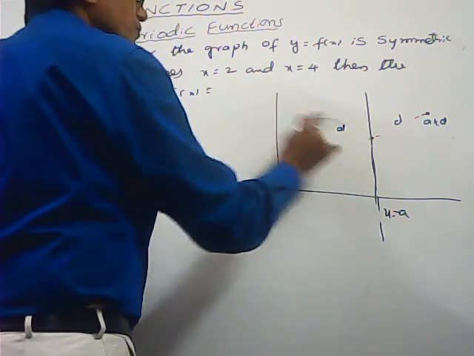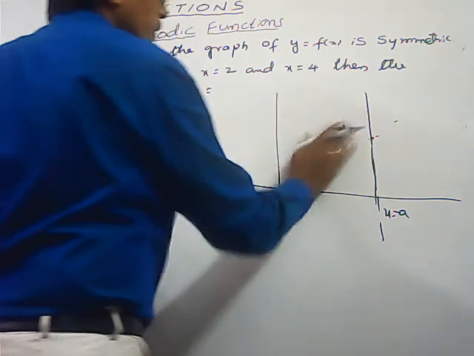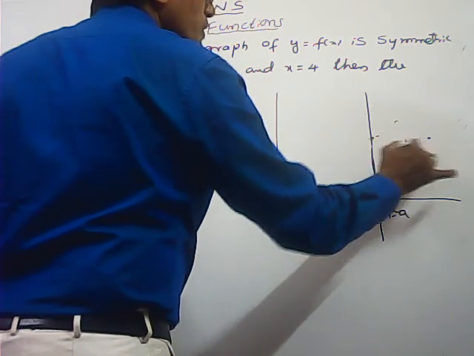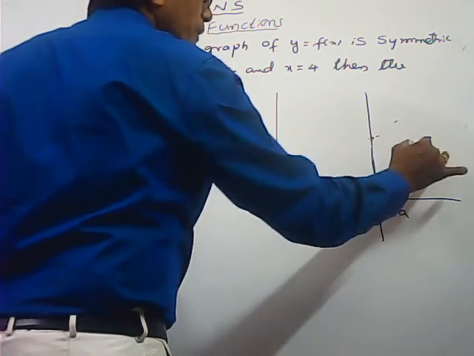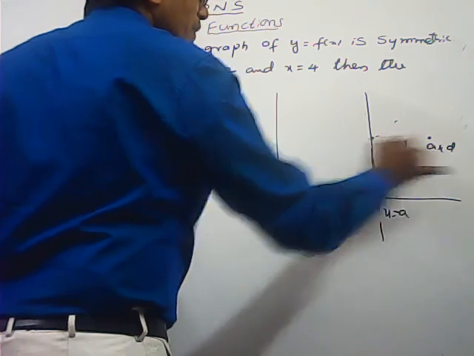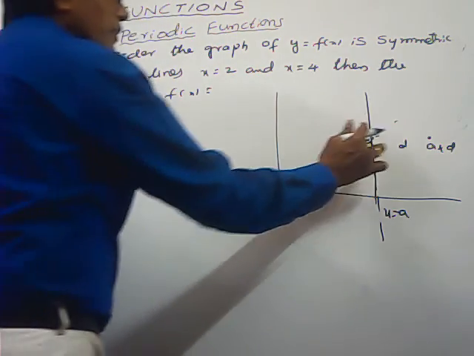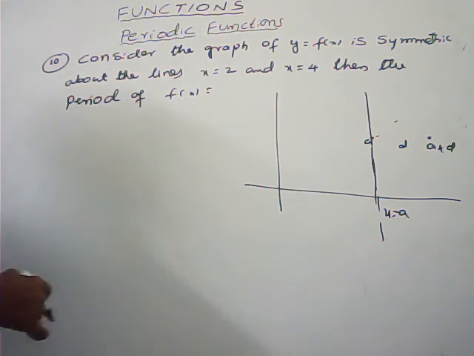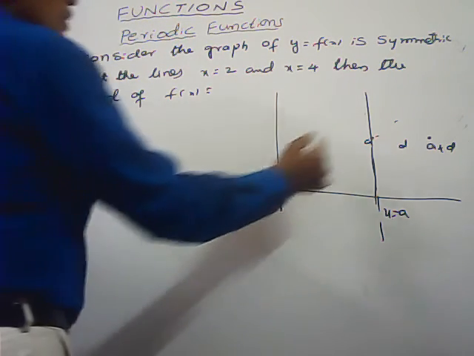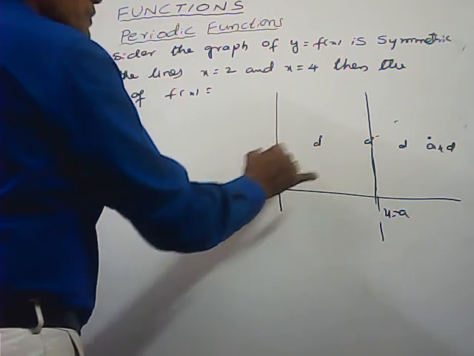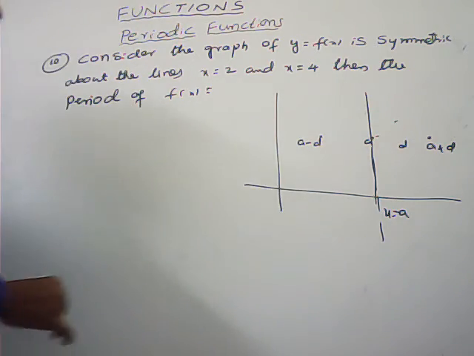Otherwise, you can see one more thing. At a distance of d units you can take any one point, a plus d. This is x equals a. On the right side, d units distance, you can take any one point, and on the left side also you can take one point at d units, which is a minus d.